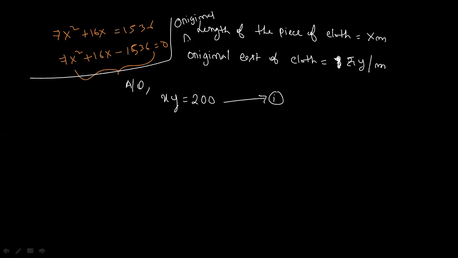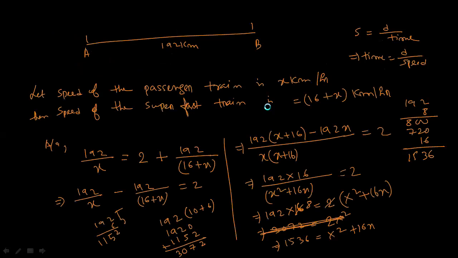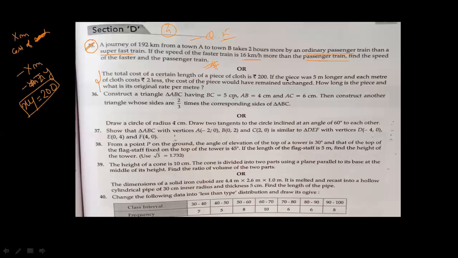Now see the second condition. If the piece was 5 meter longer and each meter of cloth cost 2 rupees less, the cost of the piece would have remained unchanged. What is the meaning?